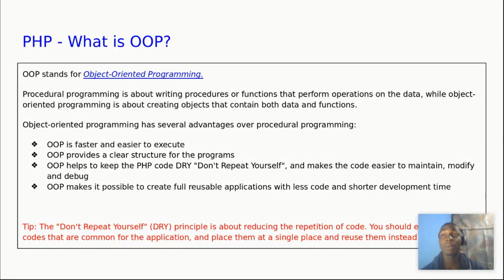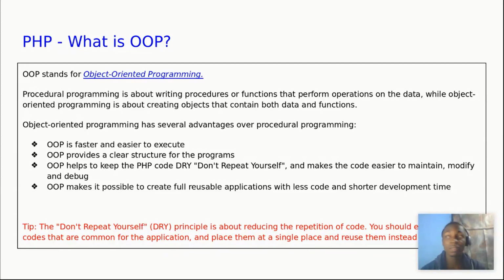We'll come to see about that, but I'm just trying to say that object-oriented programming is about creating objects that contain both the data and the functions. The data could be the variables, and the functions, we'll come to see what they are all about.